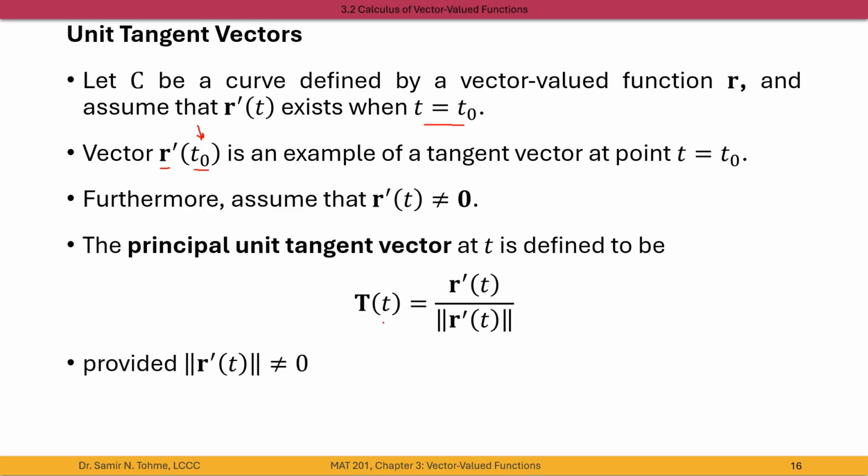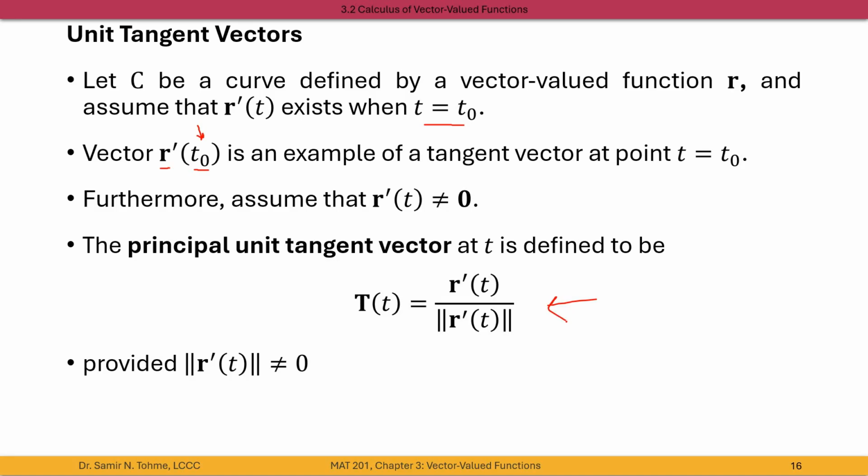To calculate the principal unit tangent vector, we will denote it as T of t equal to r prime of t divided by the magnitude of r prime of t. This is the derivative of r divided by the magnitude of the derivative. You are familiar with this formula.